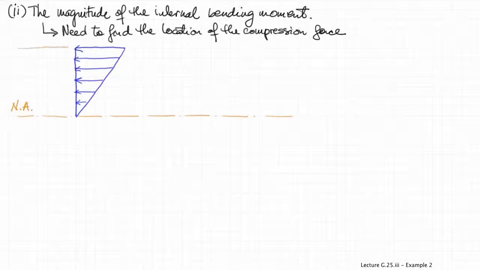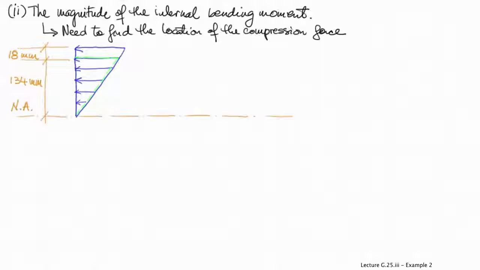But again, don't forget that the top part, 18 millimeters, acts on the part that is in compression across the flange, and the bottom part, 130 millimeters, acts across the web, which is 10 millimeters wide.